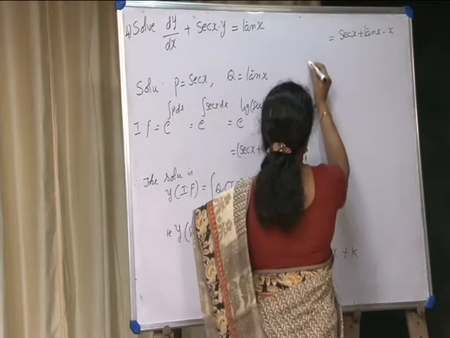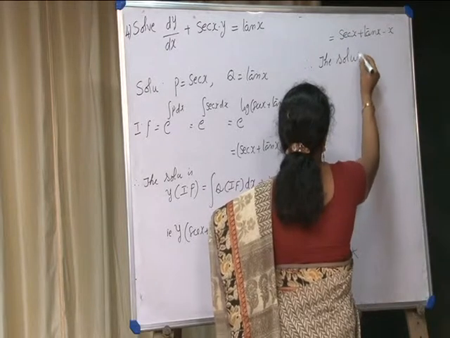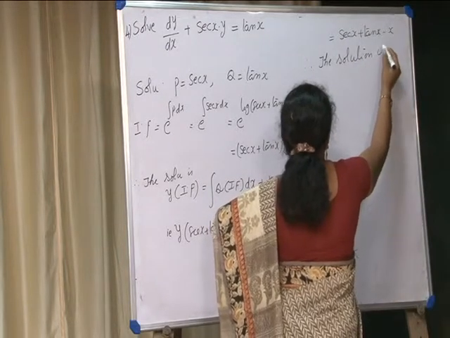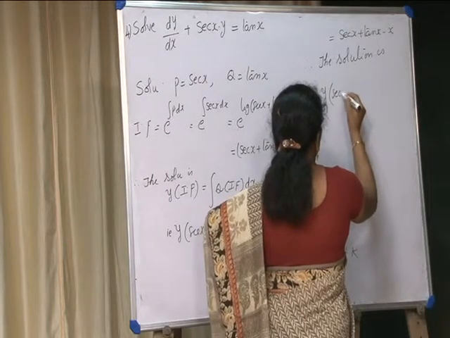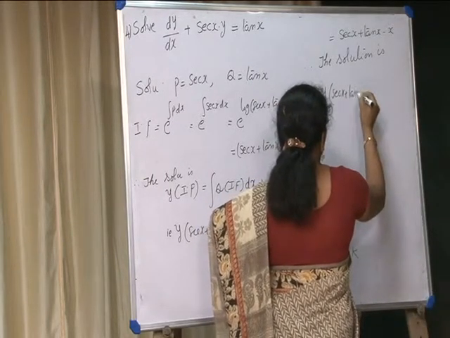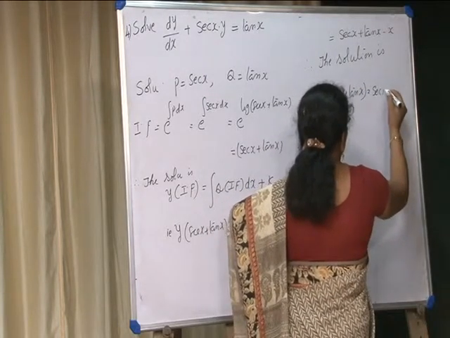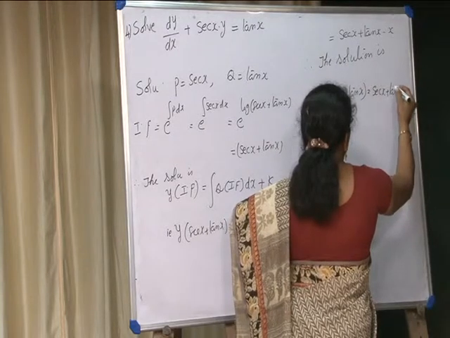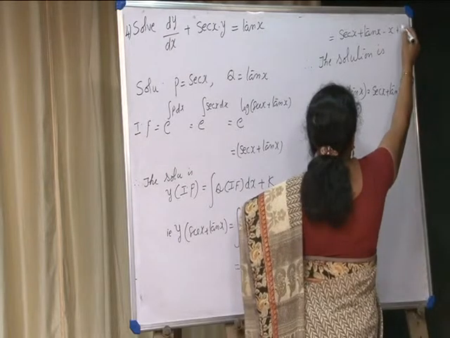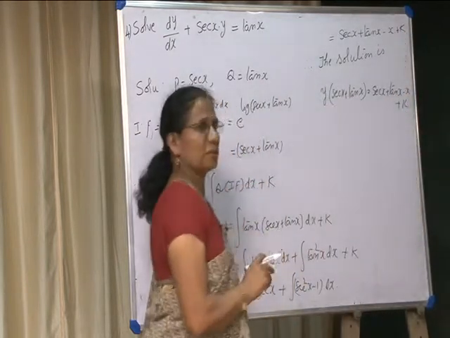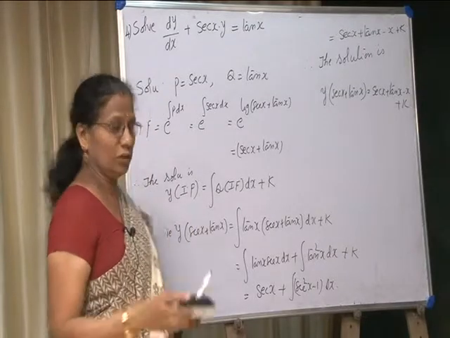Therefore, the solution is y into secant x plus tan x is equal to secant x plus tan x minus x plus k. This is the solution of the given differential equation.